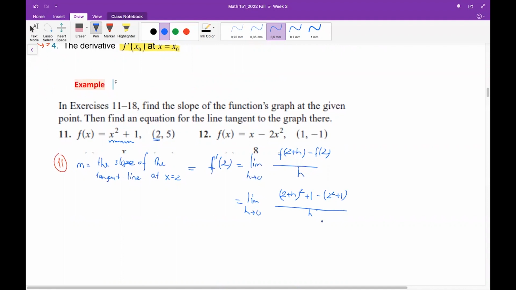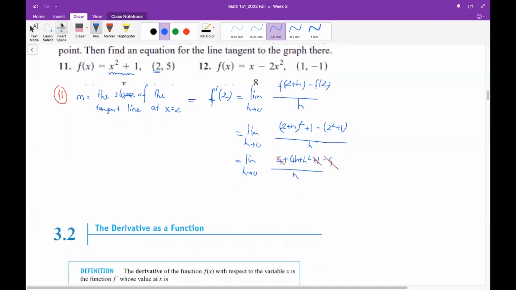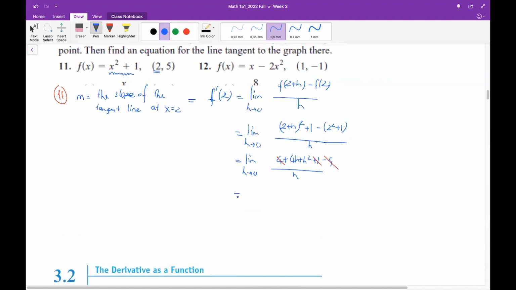Okay, what have we done? This is the limit as h goes to 0. What we have here is 4h plus h squared plus 1, minus 5. Okay, 4 plus 1 is 5. It is simplified with this one, divided by h. So we are really close to the result now.